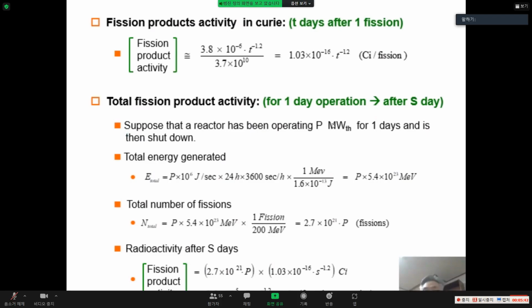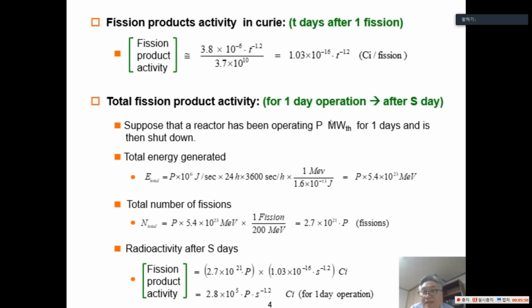P megawatt, and we have a very small subscript TH. TH means thermal power. When we consider the electric power, we put the subscript E. So P megawatt thermal is thermal power.